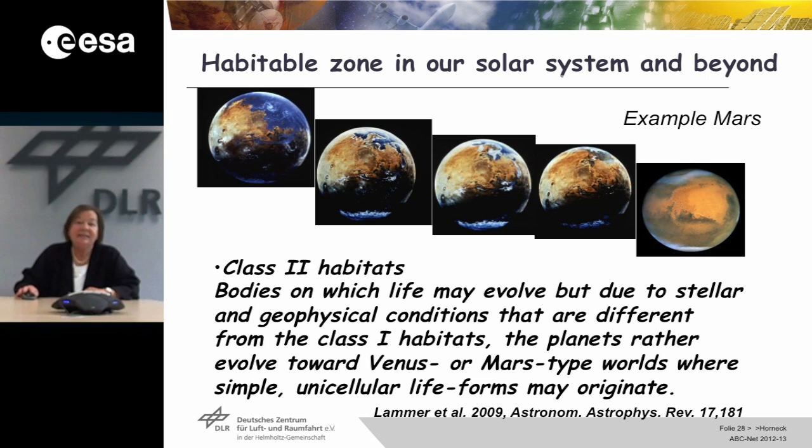So that means the second class of habitats are bodies where life could have appeared, where the conditions have provided good conditions for the appearance of life, but then due to other conditions, external or internal, the planet is too small, too far away from the sun or whatsoever, they became either too hot or too cold, and so only conditions favorable to develop simple unicellular life remained.